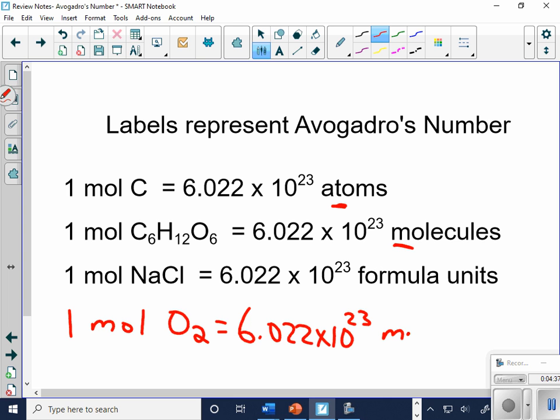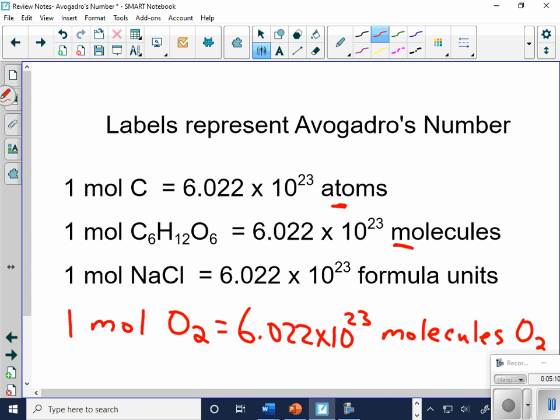So 1 mole of oxygen has Avogadro's number of molecules of oxygen. Okay? So even though it's only 1 element, it's covalently bonded together. They're sharing electrons, so we classify that as a molecule.